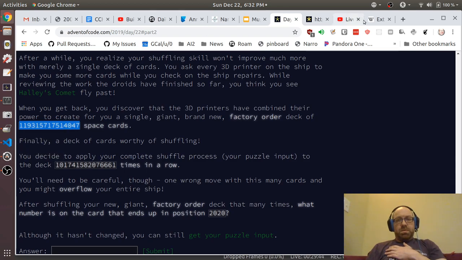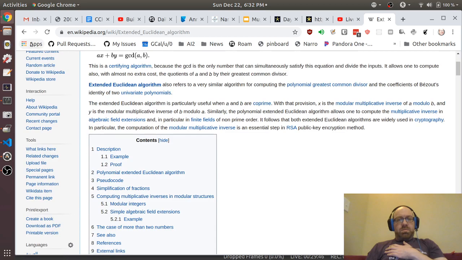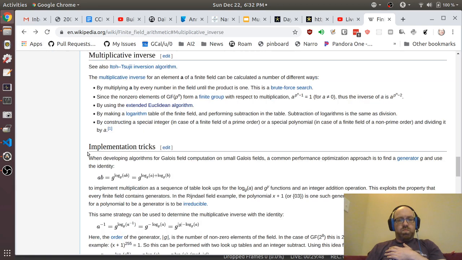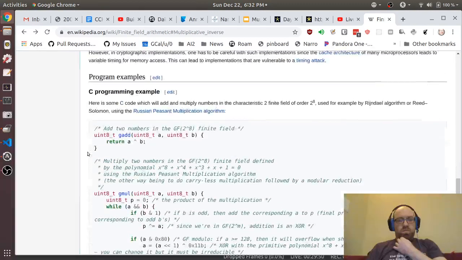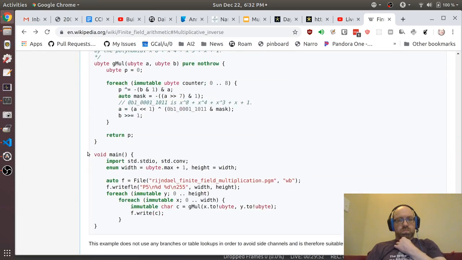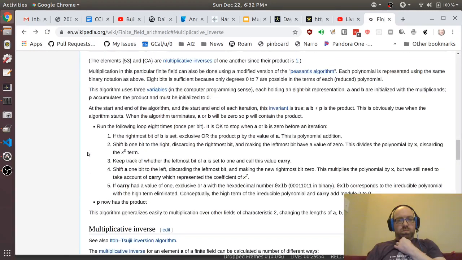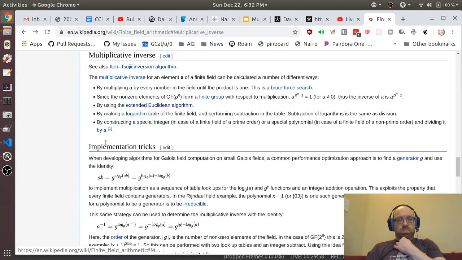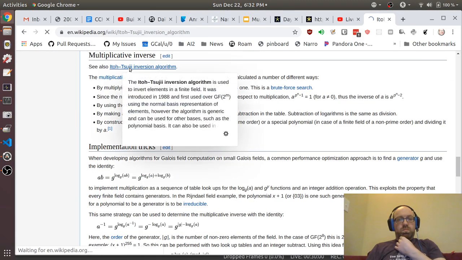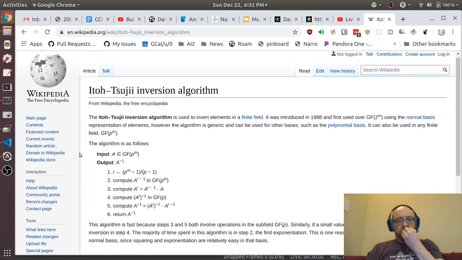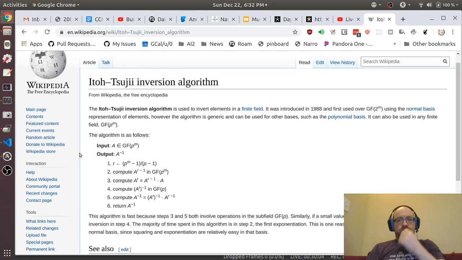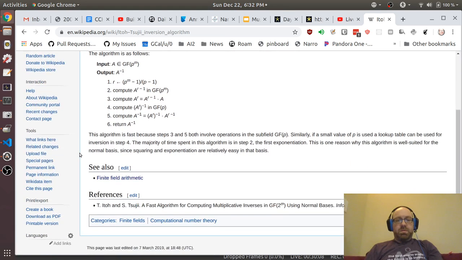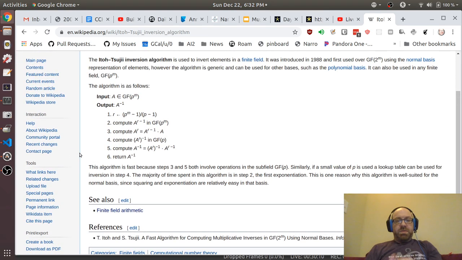So, invert elements, and first use, the algorithm is followed.